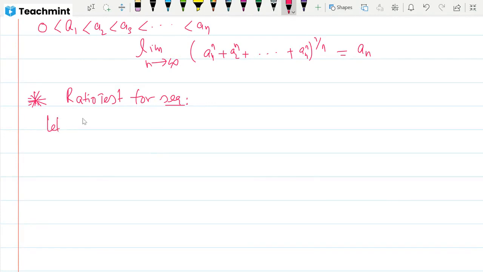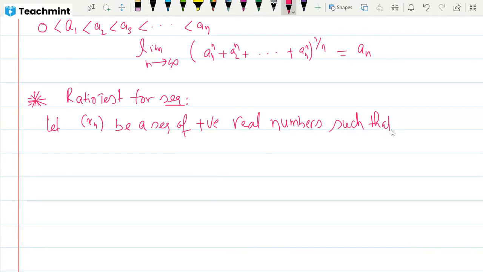So I am writing the test. Let xn be a sequence of positive real numbers such that this limit must exist. I am denoting the limit as L. So we need to take the ratio of two terms, that is xn plus 1 over xn.